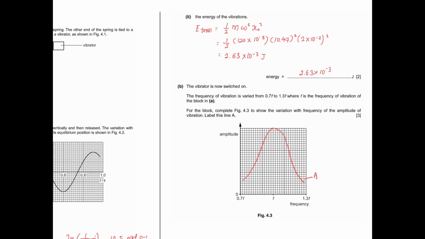On figure 4.3, draw a line to show the variation with frequency of the amplitude of vibration. Label this line B.